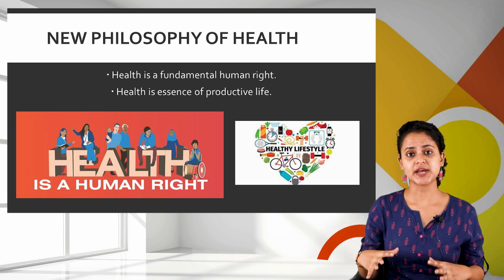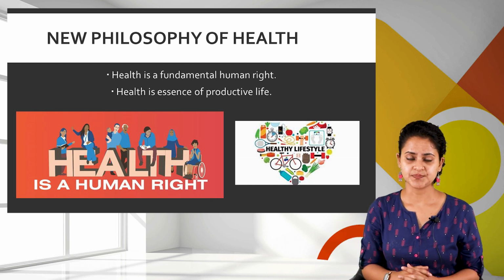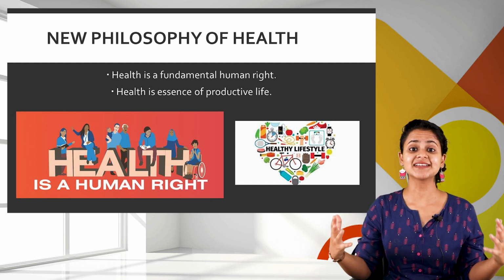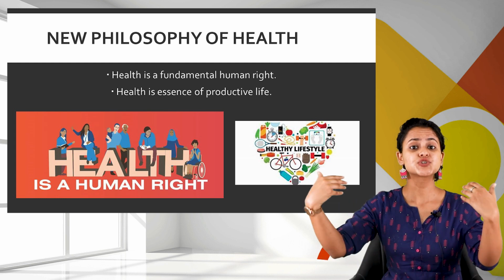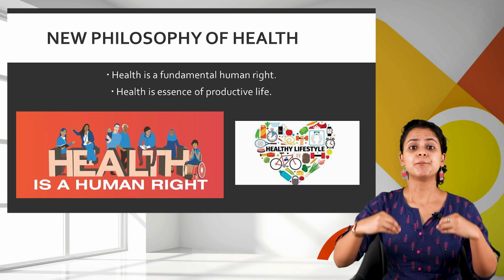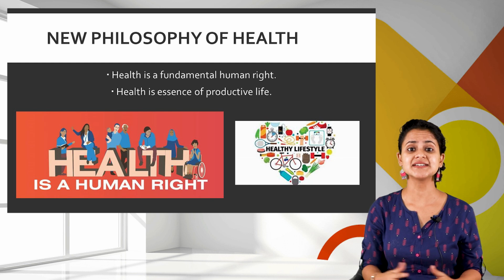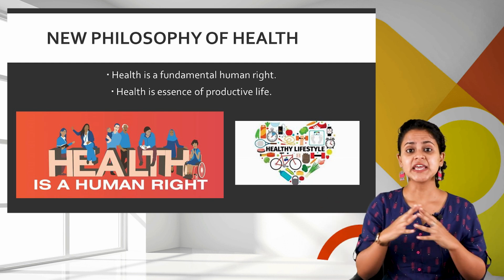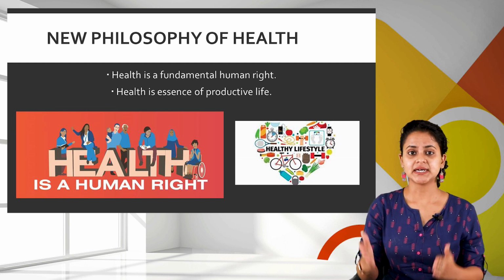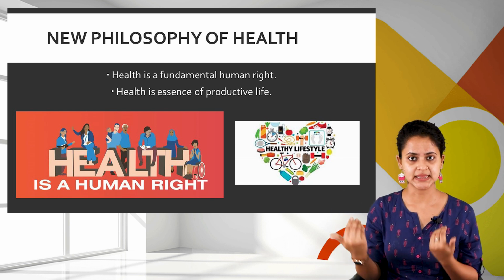If a person has a certain disease which is affecting their physiological phenomena, their physical health and psychological health, we have seen the client will not be productive enough socially and they will be unable to meet the needs of their life. They will not be in a state where they can lead an economically balanced life. That's the reason why health is considered as the essence of productive life.